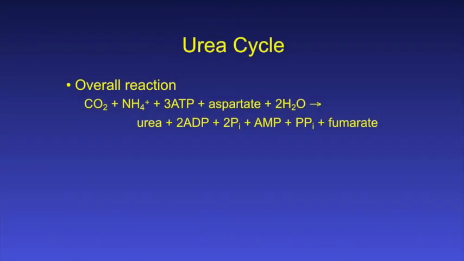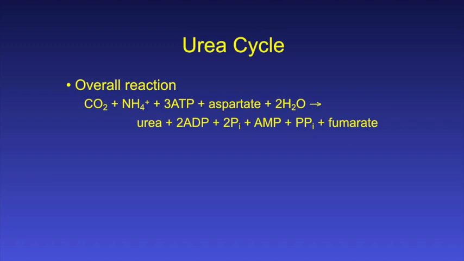All right, the overall reaction looks so much simpler. CO2 plus an ammonium plus 3 ATPs plus an aspartate plus 2 waters makes urea, 2 ADPs, 2 Pi, 2 AMPs, 1 PPi, and 1 fumarate.